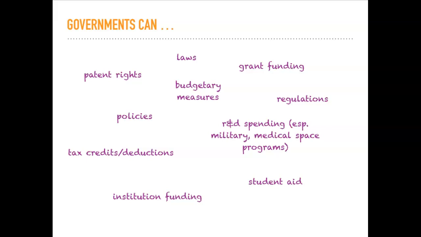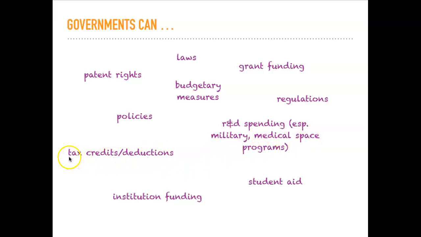Hi again. Let's dive in, shall we? So we were talking about the ways in which governments can help shape the kinds of technologies available to a society. And as you can see here, there's a lot of different things that a government can do to either limit or encourage different kinds of technologies. So there could be everything from laws and regulations, being able to grant some funding to particular industries and areas, spending on research and development, so things especially related to military, medical, and space programs.